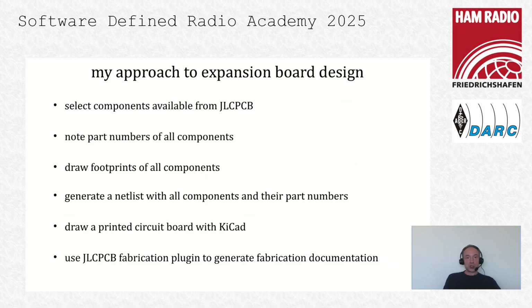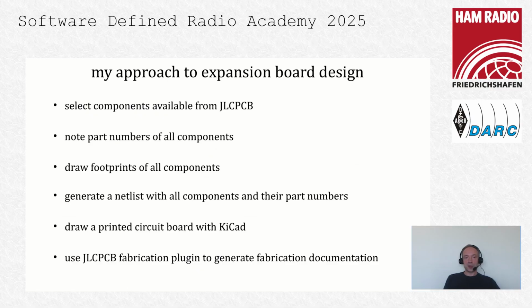So here's my approach to design such an expansion board. I started by selecting components available from JLCPCB. I noted all the part numbers of these components because they are needed for the assembly service. I also drew all the footprints for these components and generated a net list containing all the components, their interconnections, and their part numbers.